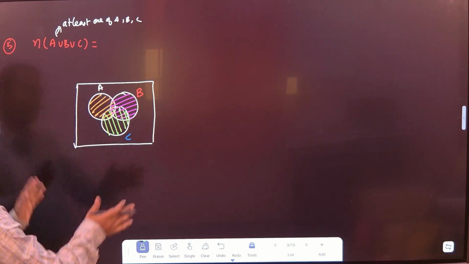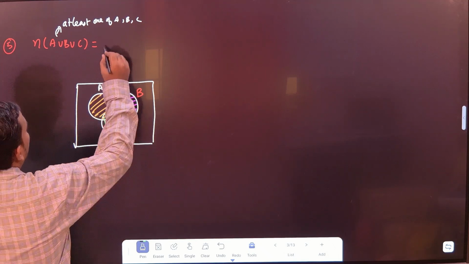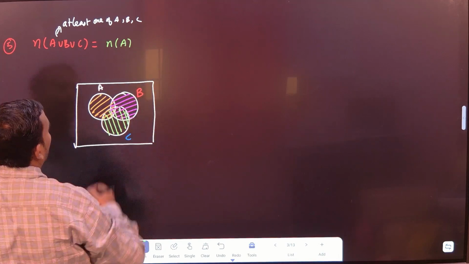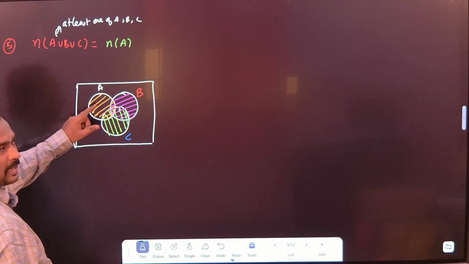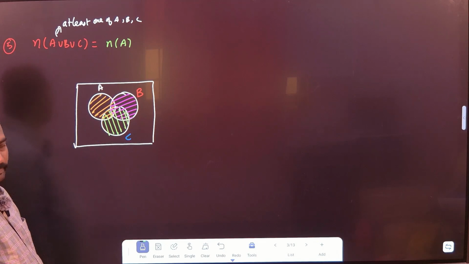So we need completely A union B union C. That means the whole thing is required. First, I am collecting n of A. So when you collect n of A, you are adding A intersection B here, right?